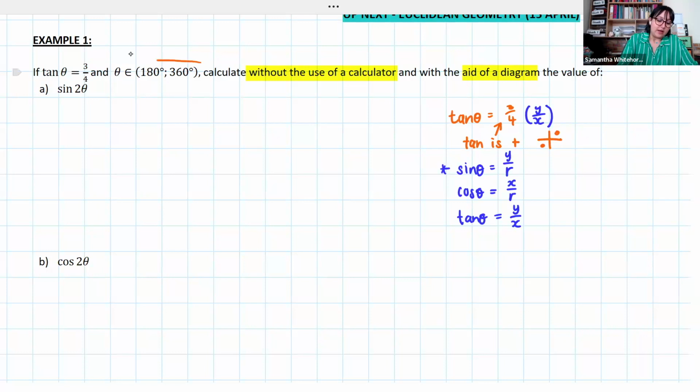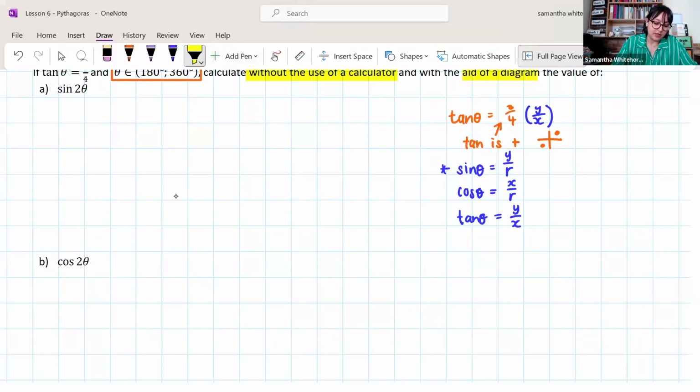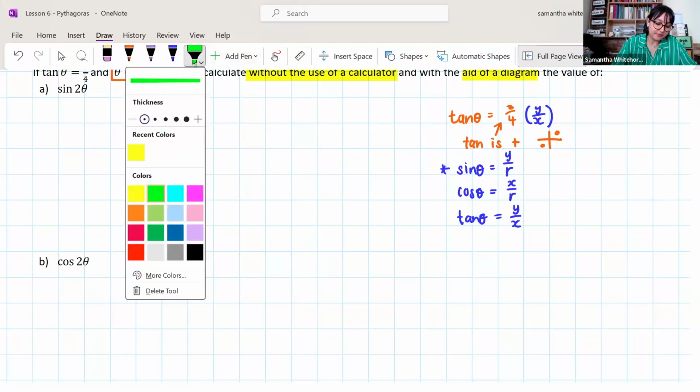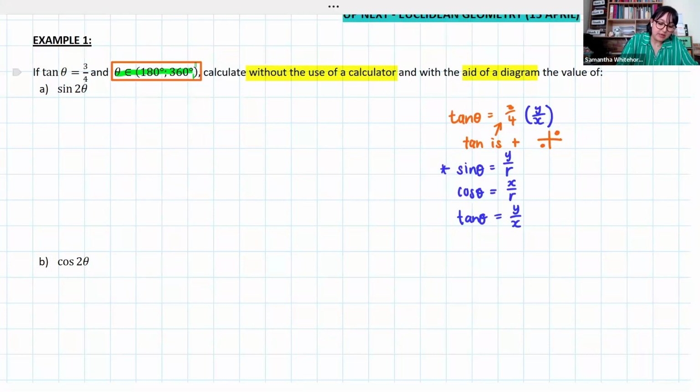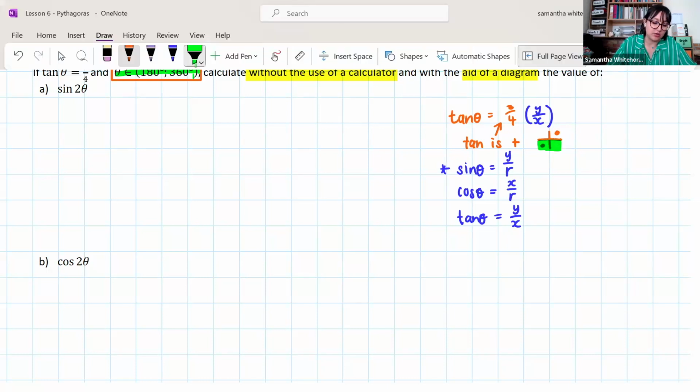This is now where this theta element of 180 to 360 comes in. It is telling me what range my angle of theta can take on. So 180 to 360 means that I'm essentially working in the last two quadrants, quadrant 3 and quadrant 4.